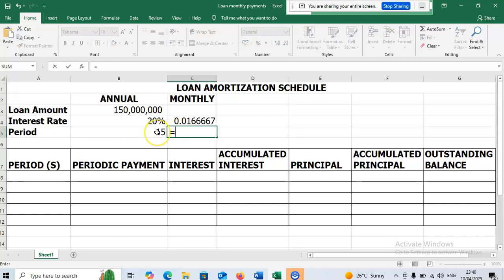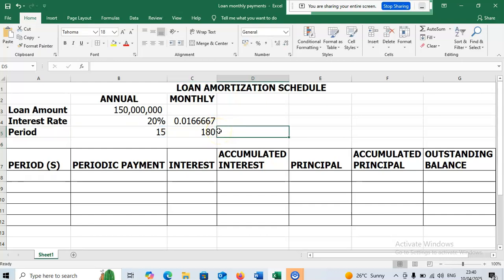So equal sign, get the 15 years, multiply them by the 12 months. Okay, but you need to fix this. Fix it by pressing the F4 button. Press enter. Now this loan has to be repaid in 180 months.